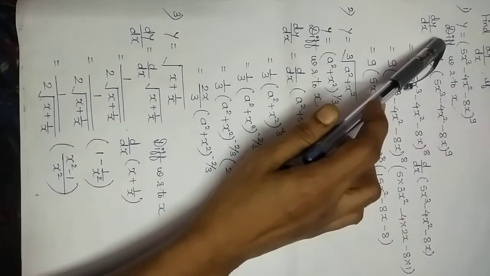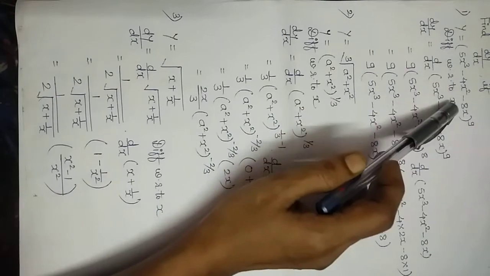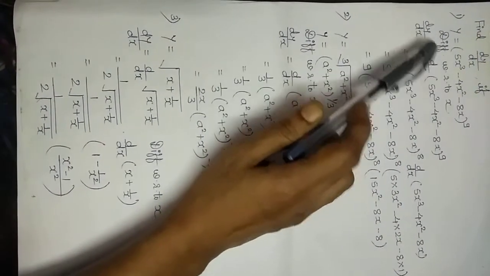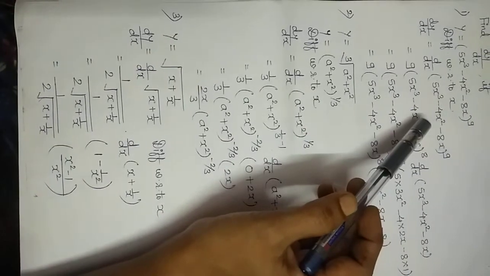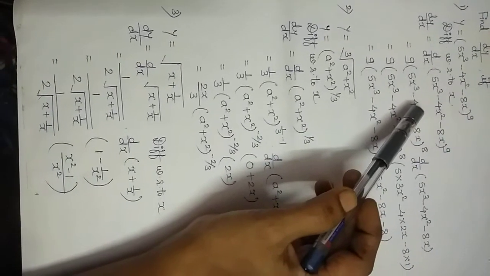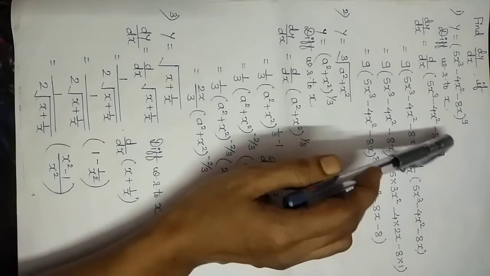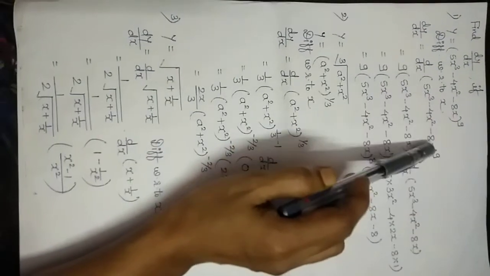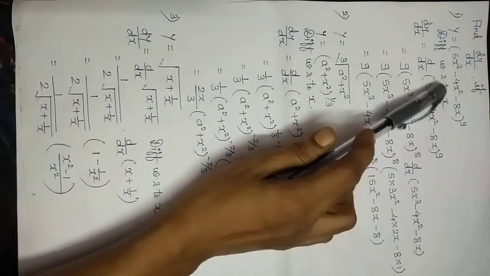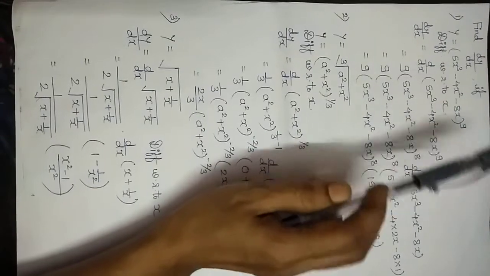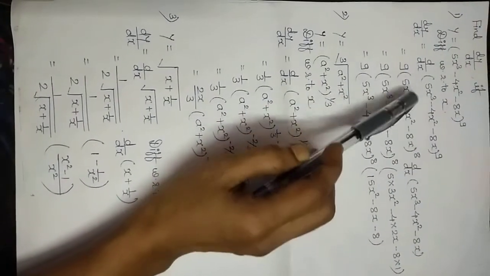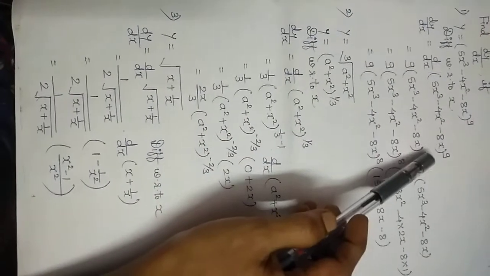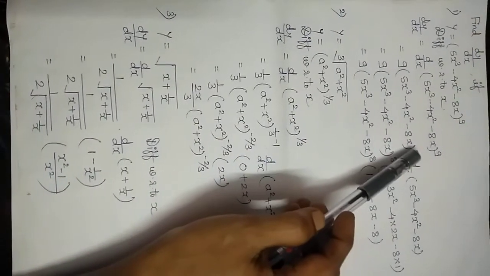Now differentiating with respect to x, so taking dy by dx on both the sides. As we know the formula of x raised to n, the derivative is n into x raised to n minus 1. So here, for x raised to 9, the derivative will be 9 into x raised to 9 minus 1, that is 8.